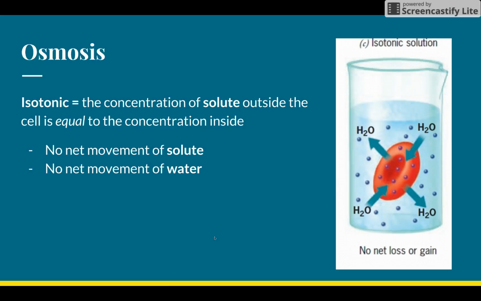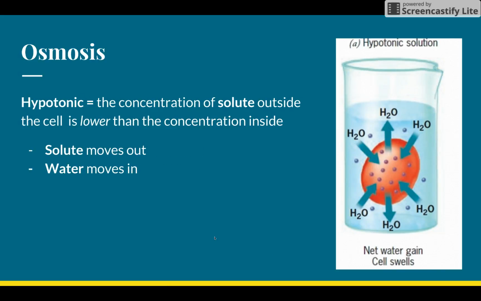Some ways you can remember these three terms. Hypotonic. So again, this is when the concentration outside the cell is lower than the concentration inside. The prefix hypo means low. So think of hypothermia. That's a low body temperature. So in hypotonic, the concentration outside is lower.